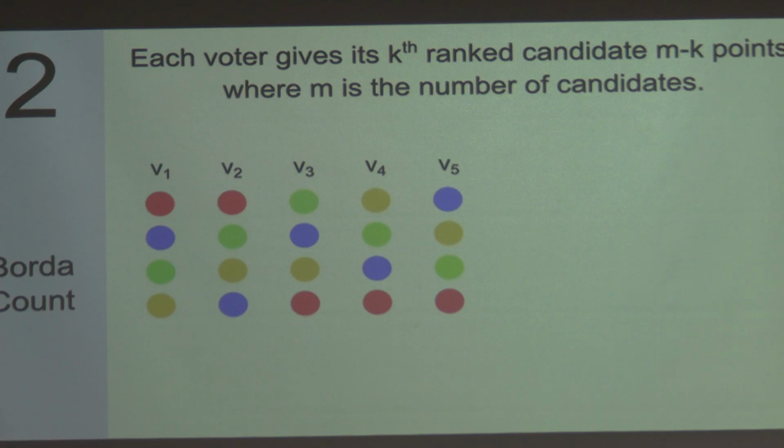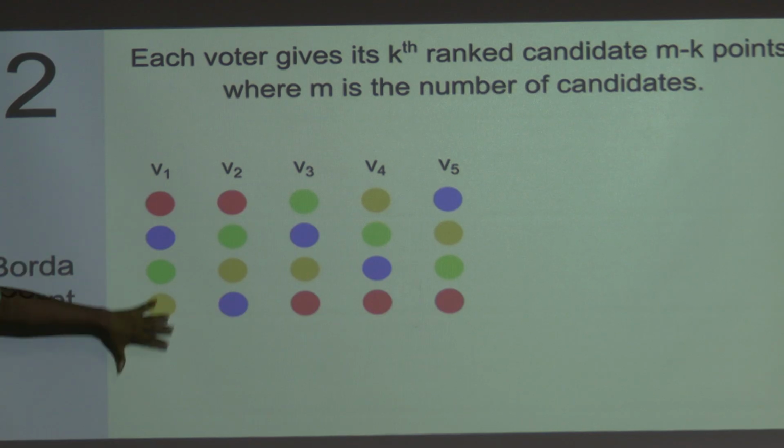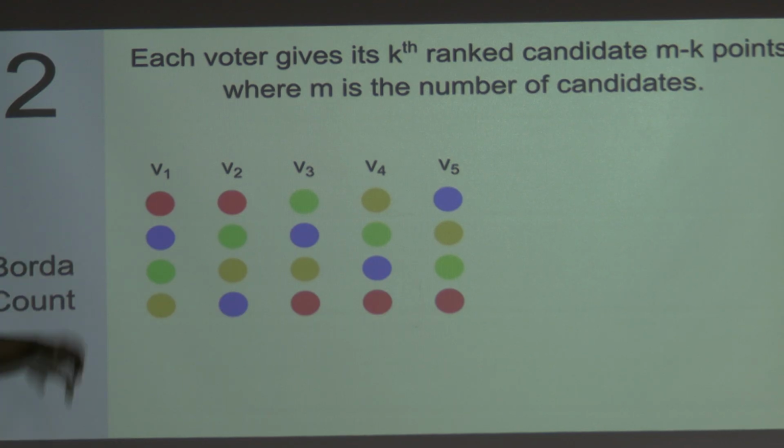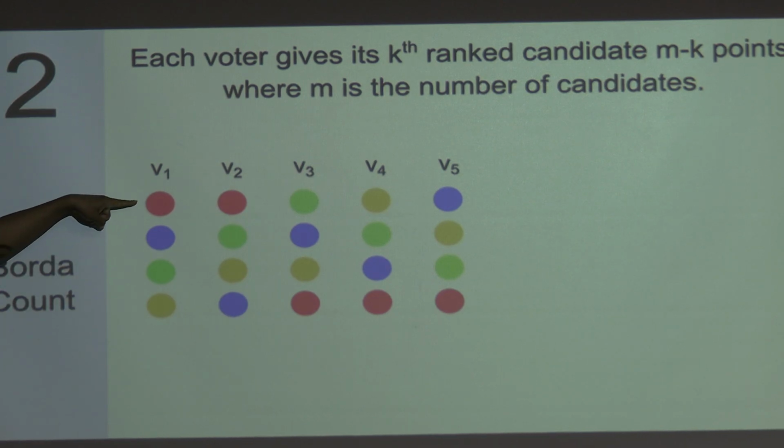Thankfully for us, he gave us this nice voting rule, which again you guys came up with, and this is a points-based or a score-based voting rule. It says that once again every voter has a ranking, but this time we'll not discard the rest of the preferences, right? We'll actually take everything into account. So suppose you have say m candidates, then for every voter the first placed candidate gets m minus 1 points.